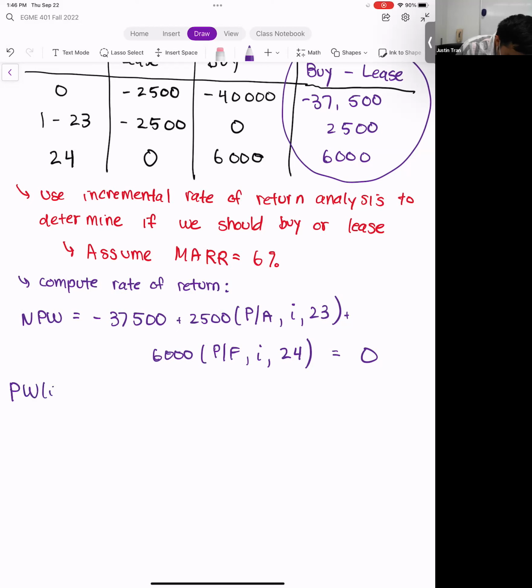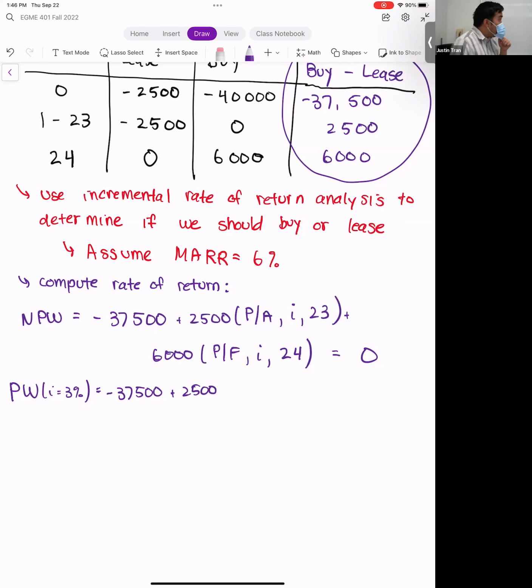If we compute the present worth when i is equal to 3%, then what we have is minus 37,500 plus 2,500.